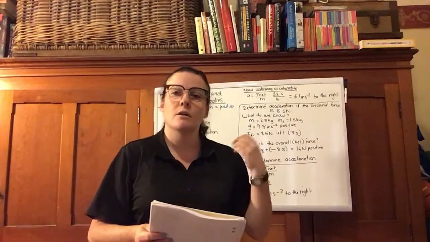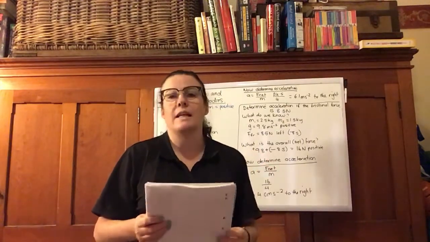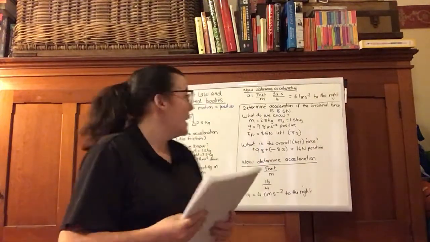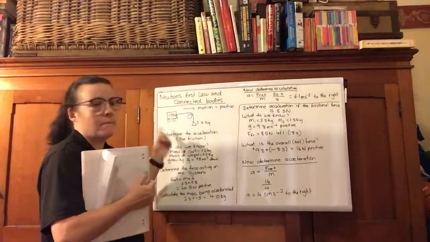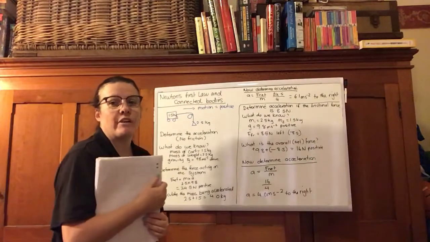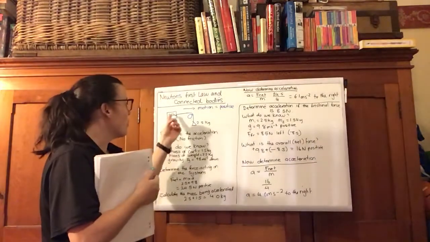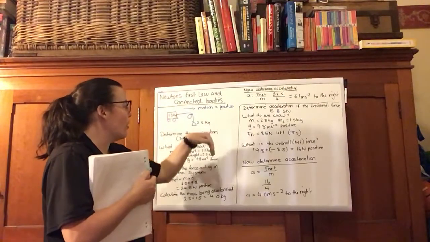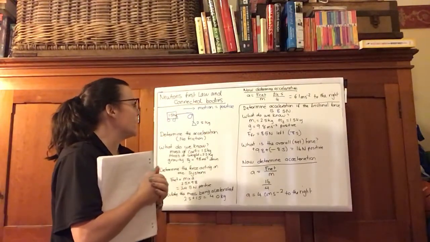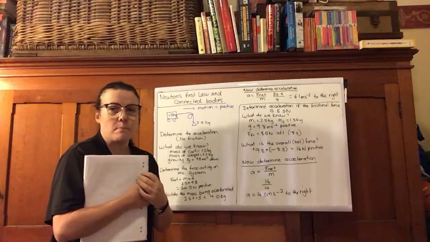Alright, so Newton's second law with regard to connected bodies. In the situation here, we have a trolley. The trolley weighs 1.5 kilograms. The trolley is connected to a weight that's going over a pulley, and the weight is 2.5 kilograms.